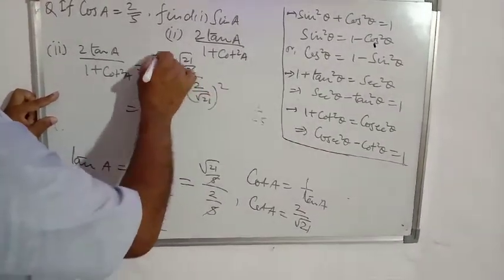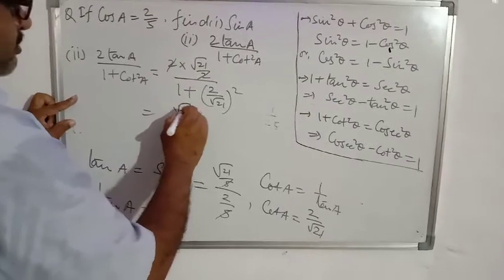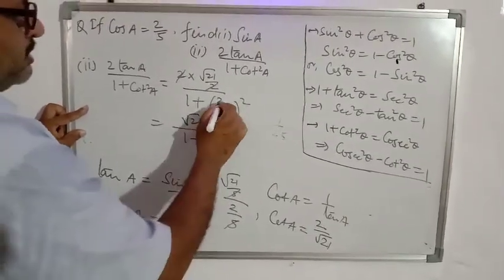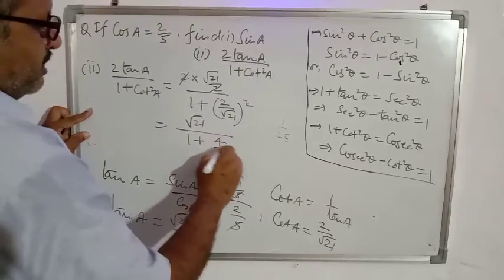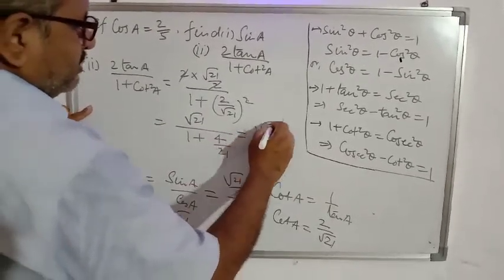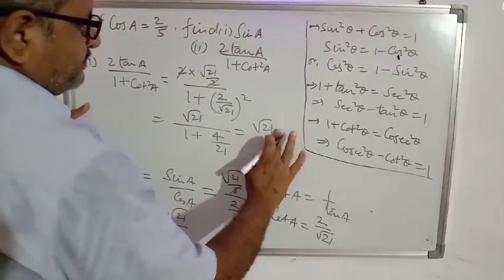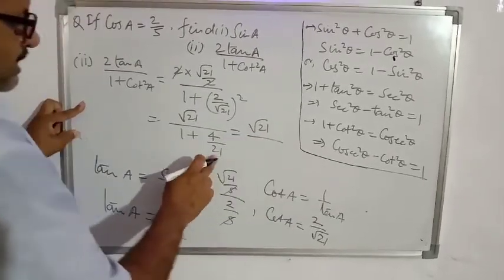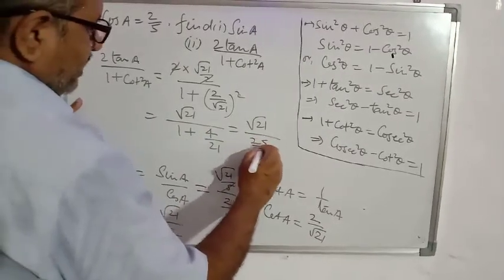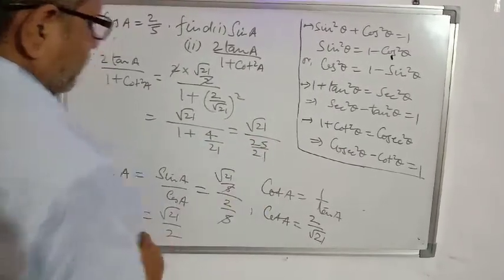We can cancel this 2. Root 21 upon 1 plus 2 square, which is 4 upon root 21 square, which is 21. So root 21 upon, adding, 21 plus 4 over 21, which is 25 upon 21.